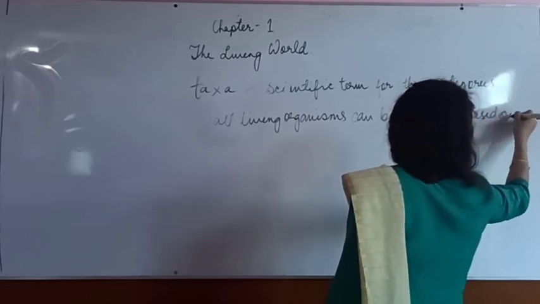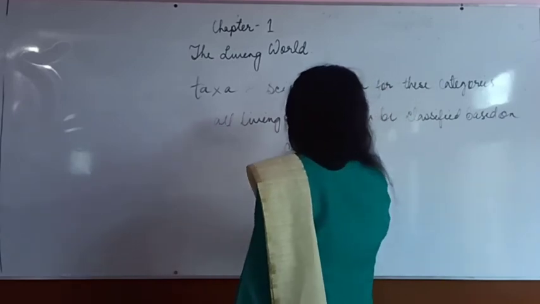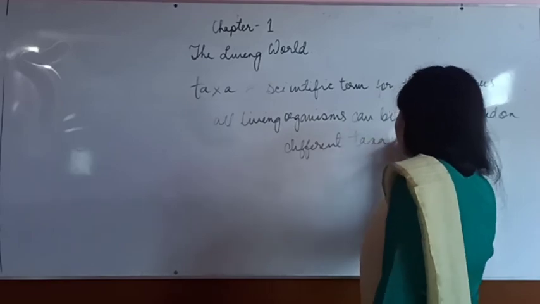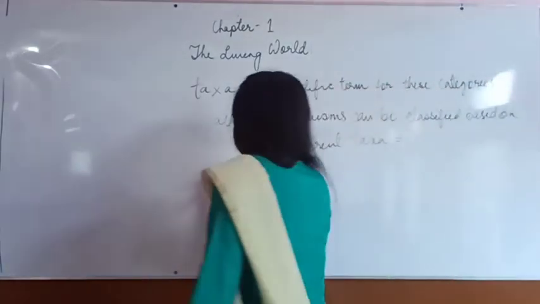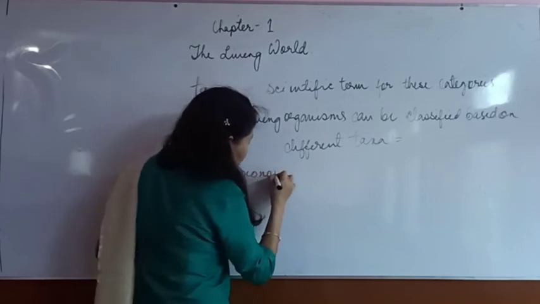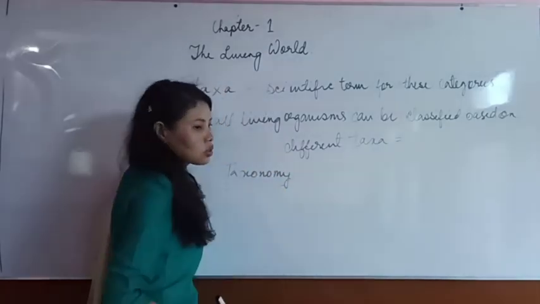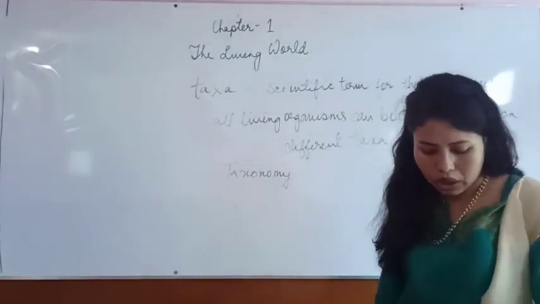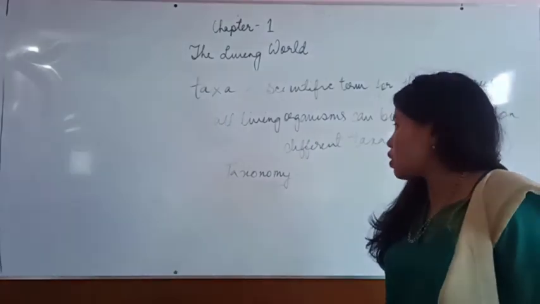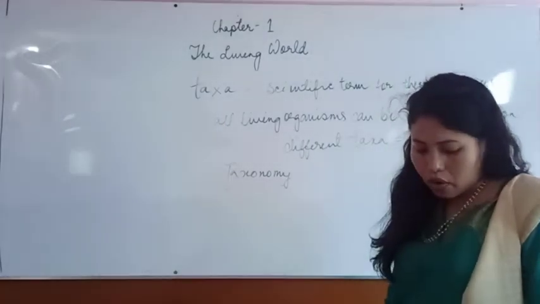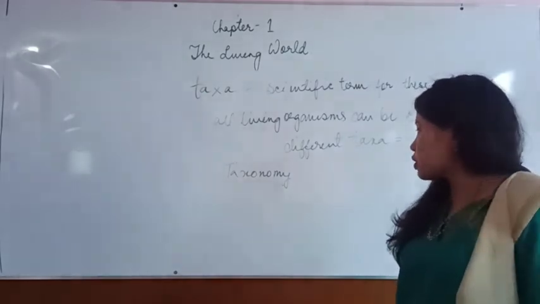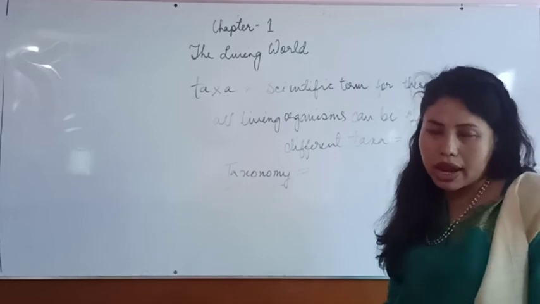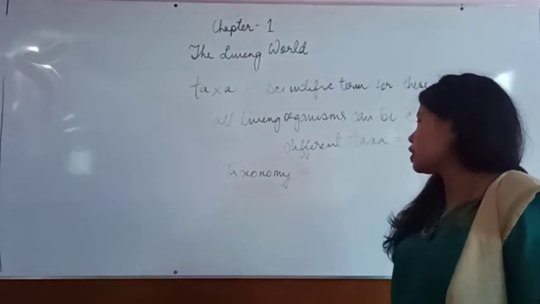This process of classification is called taxonomy. So what is taxonomy? Taxonomy is nothing but the process of classification based on the characteristics of all living organisms. So based on different characteristics, all living organisms can be classified into different taxa.